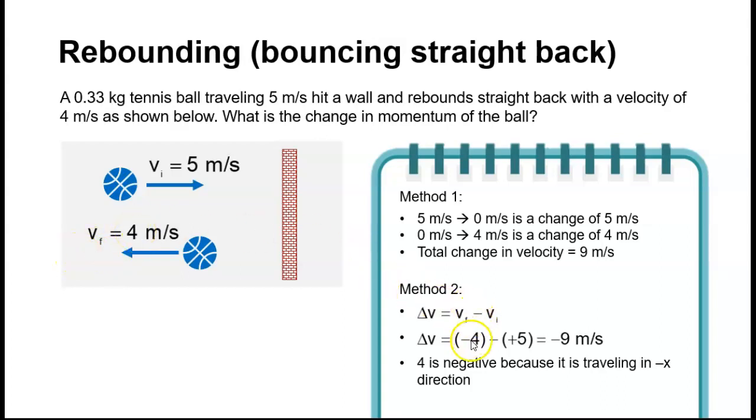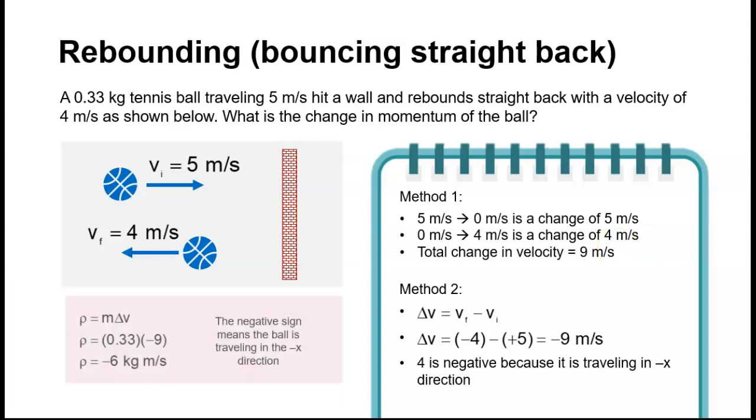So the final velocity is negative 4 minus the initial velocity, which is positive 5. Negative 4 minus 5 is a negative 9. So the change in velocity is negative 9. Up here I said that the change in velocity was positive 9. So that negative just tells us the direction.